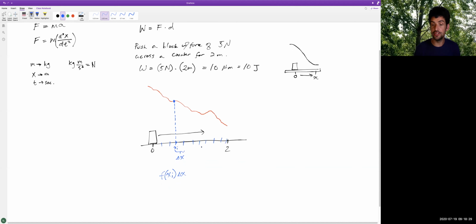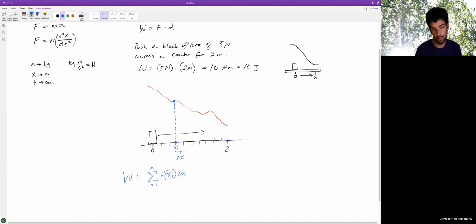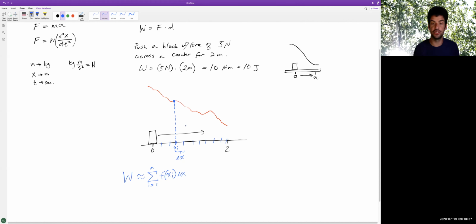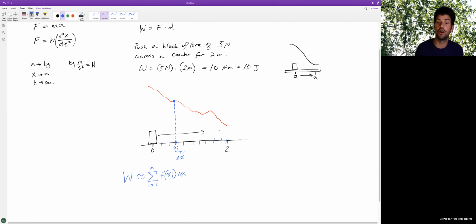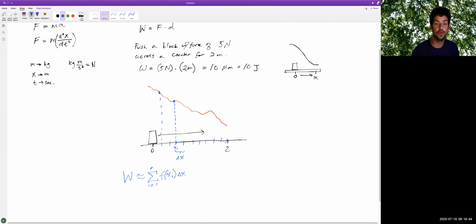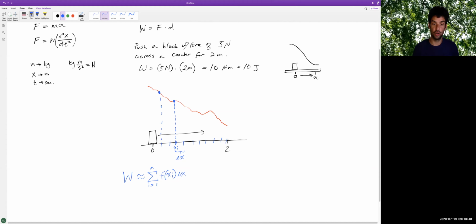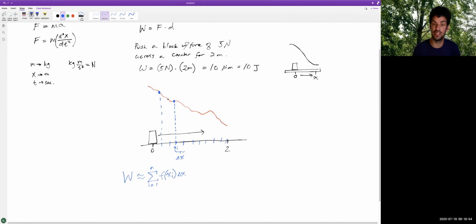But then, of course, I need to do this for each interval and add them all up. And this would give me an approximation for the work done as I push across this counter, right? On each interval, I'm just using one point and pretending like the force over the interval is the same, although we can see in each of these cases, in this particular case, I've drawn it so that it's decreasing, right?